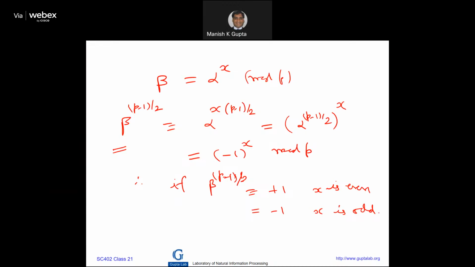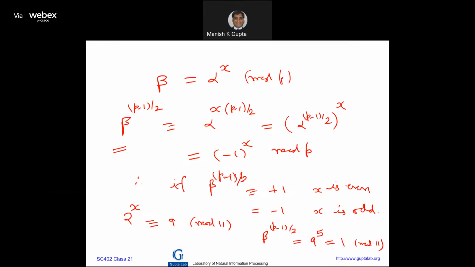So in fact, sometimes this information is quite useful. For example, suppose 2 raised to power x is congruent to 9 mod 11, and I have to find the value of x, right? Now, beta raised to power (p minus 1)/2 is equal to 9 raised to power 5, which is the same thing as 1 mod 11.